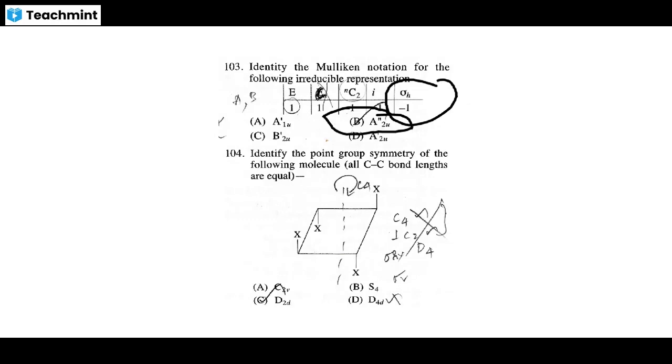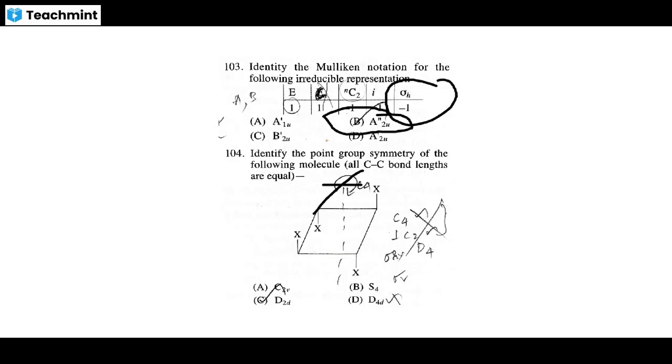It contains C4 and 2C2 perpendicular to it, so it comes under the D2d point group. No, this is not D2d; there is no C4, this is wrong.